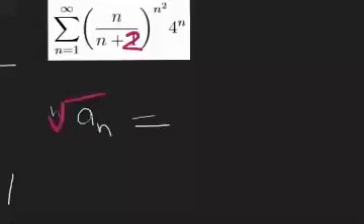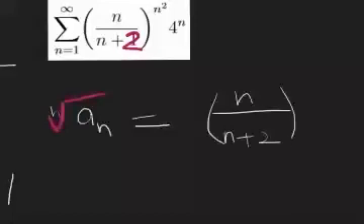If you use the nth root test and simplify this, you get n over n plus 2 to the power n, because here you have n squared.